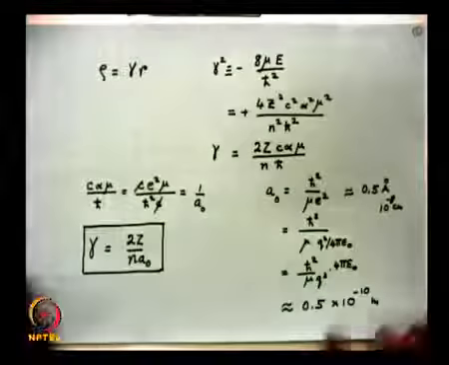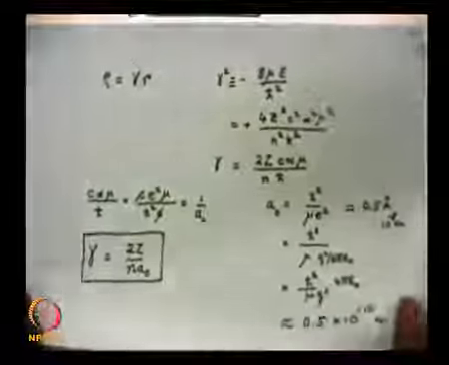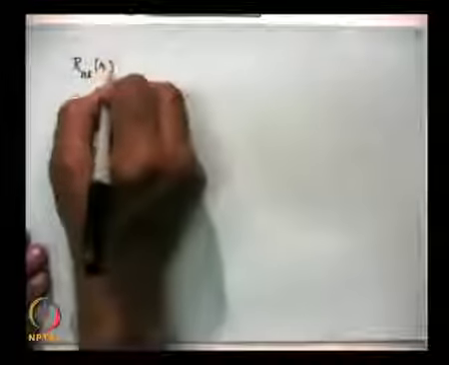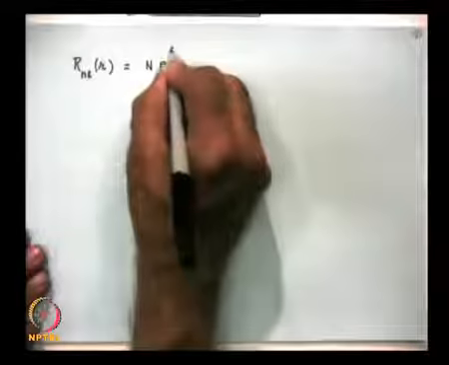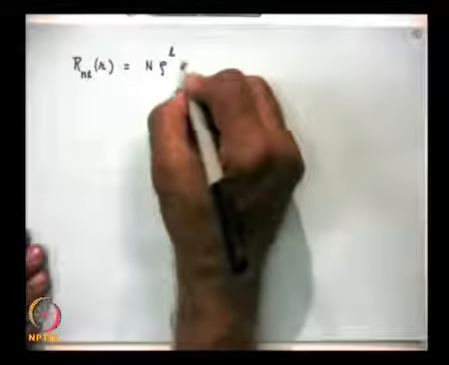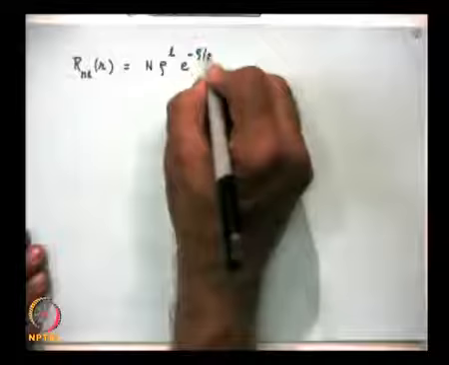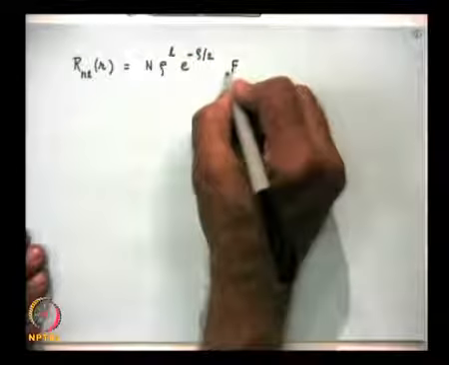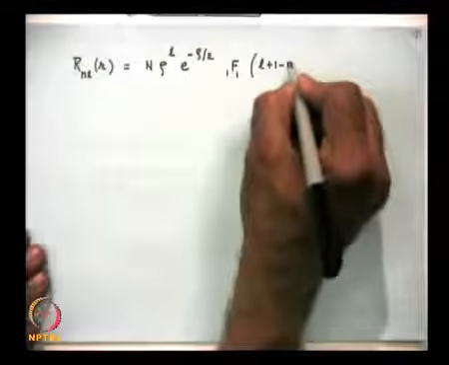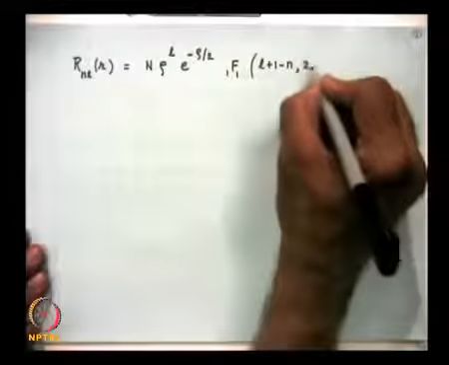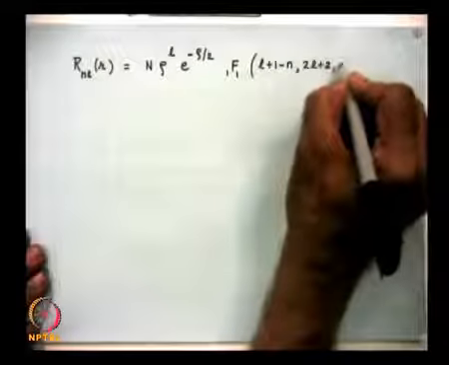Now, in my last lecture we had derived the expression for the radial part of the wave function as N, the normalization constant, rho to the power of L, e to the power of minus rho by 2, and it is a very easy formula to remember, F11 of L plus 1 minus n, 2 L plus 2, rho.